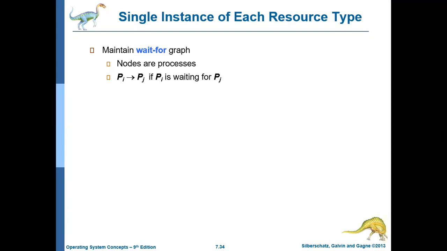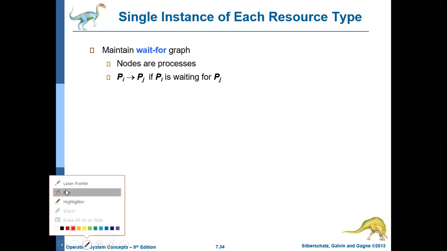The first version will be applied when there is only one instance of each type of resource. If there is only one instance of each type of resource, then we apply the first type of algorithm, which uses a wait-for graph.